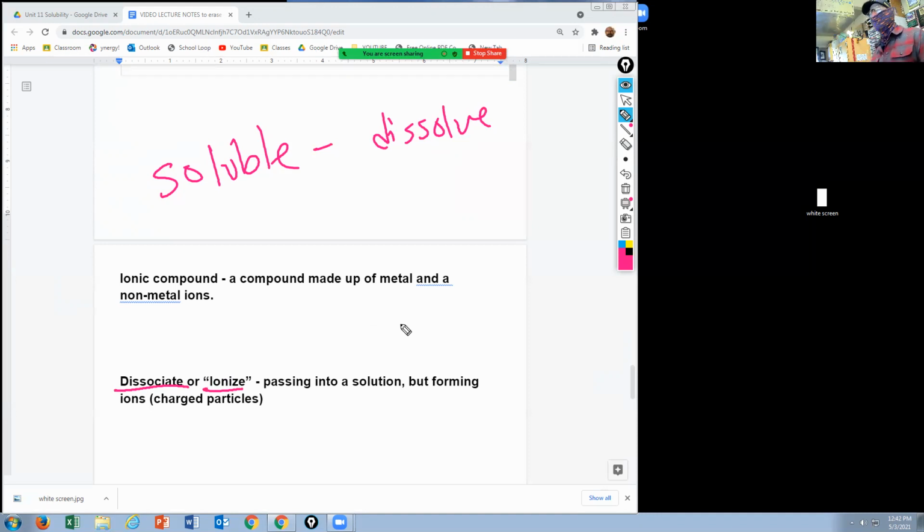And what that means is that when you take a salt or some type of ionic compound and put it in solution, or make it pass into solution so it dissolves, it's going to form ions or charged particles. Again, that's called ionization or disassociation. I will use both of those words when describing this.